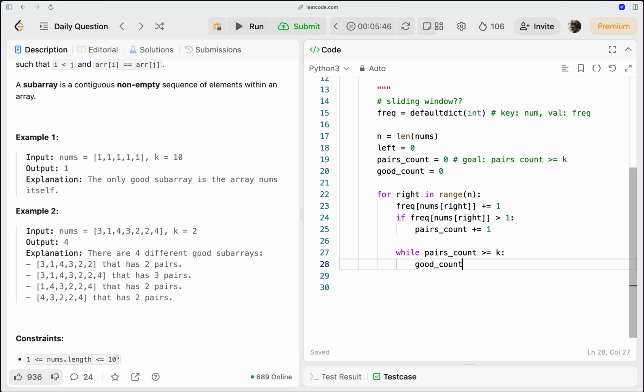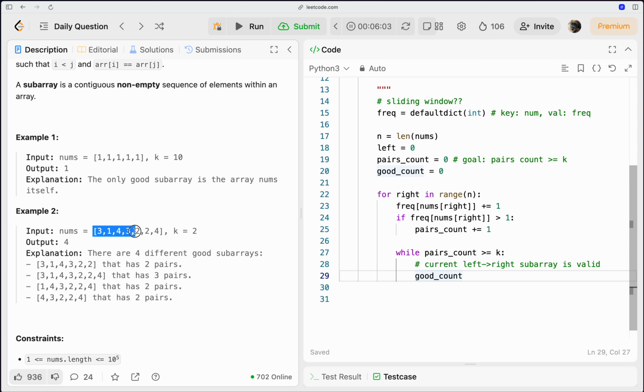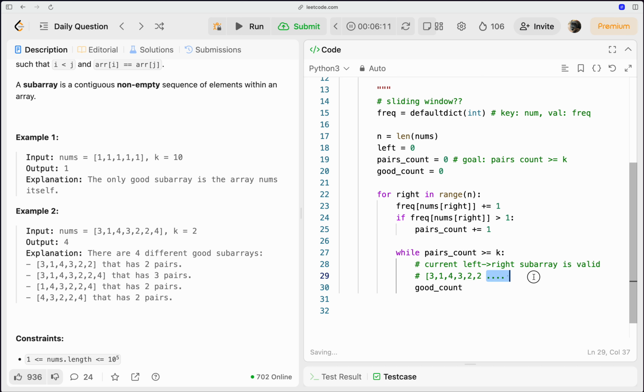This is the current left all the way to right subarray is valid. Well, that means that if this was valid, then anything to the right of it is also valid.